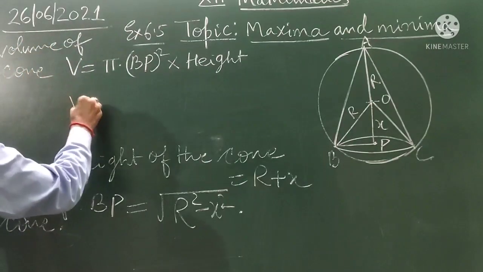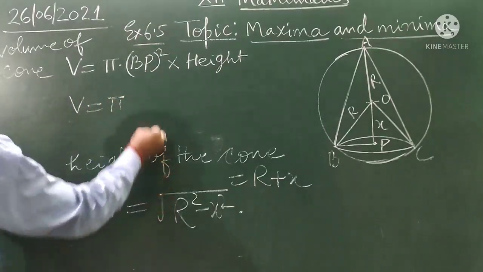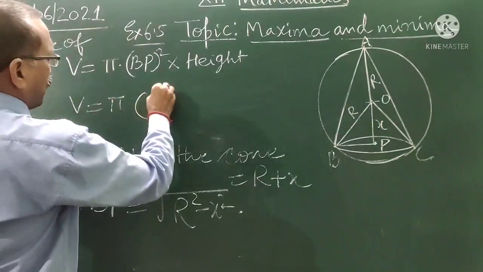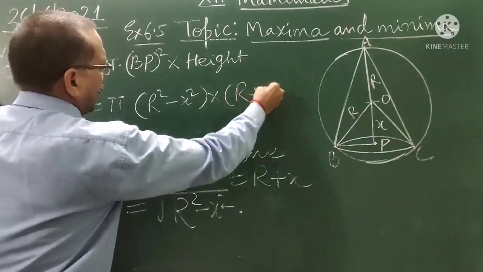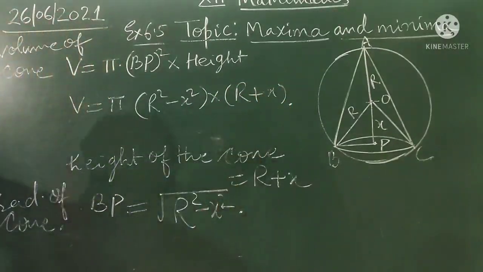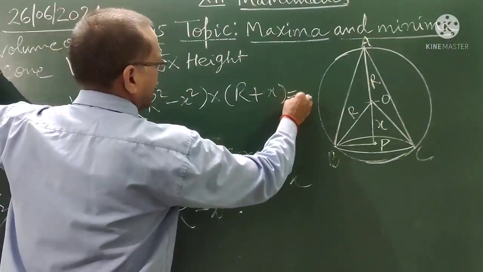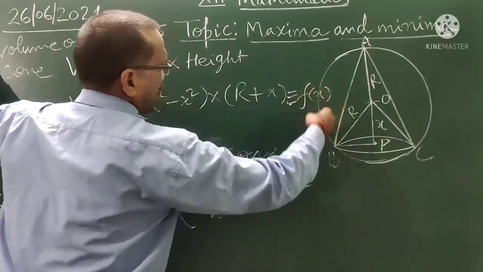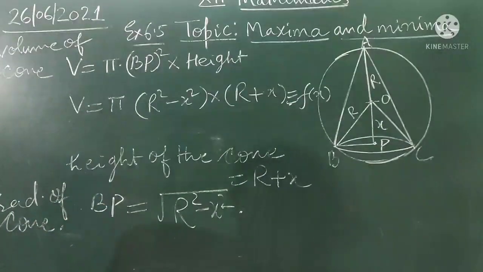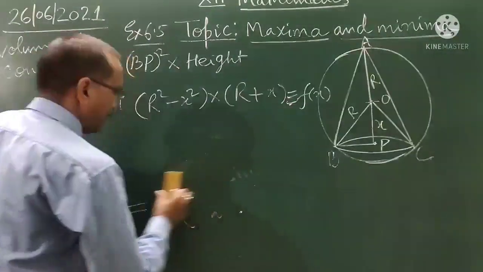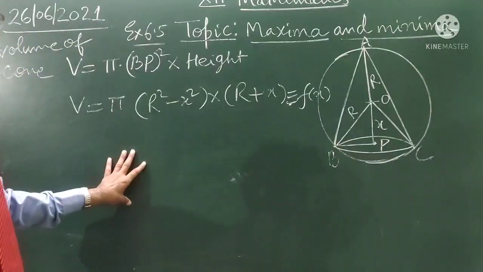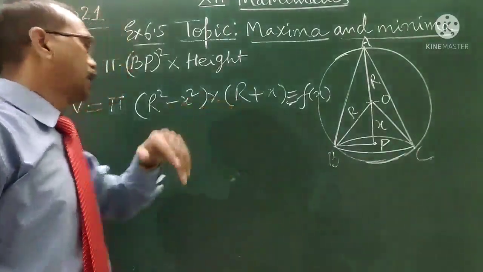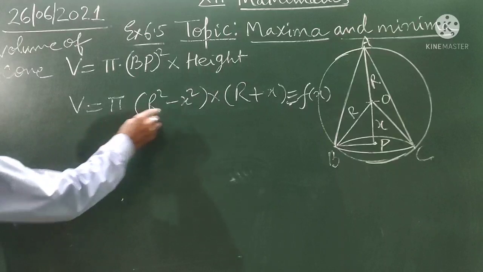So V equals pi by 3 into (R square minus X square) into (R plus X). Now, this is a function of X. Here X is the variable. Therefore, to find the maximum volume, we will differentiate it with respect to X.